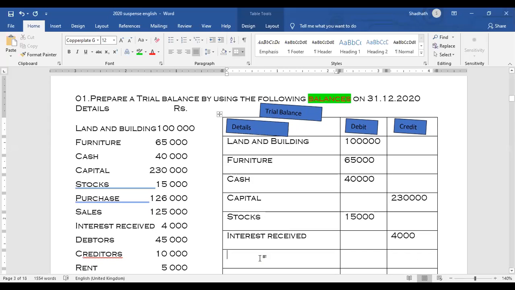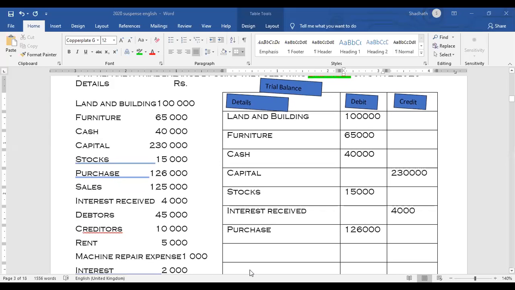Purchase is an expense, so debit, 126. And we missed the sales also, right? No problem. Sales is an income. Credit side, 125.